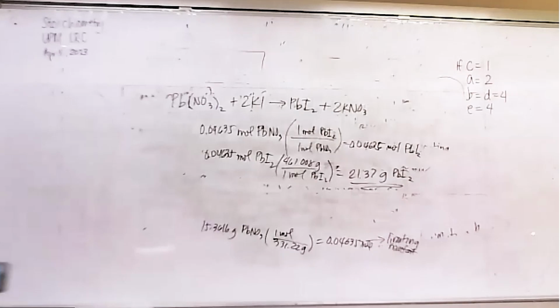Okay. Let me redo lang yung calculation. Sorry for some delay. That's 1.093 and that's 0.12 divided by mass ni KI is 166.002.